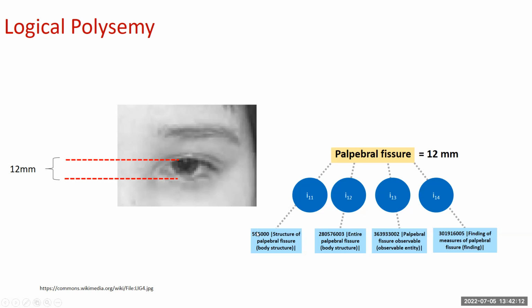And also for the body part concepts, you have those body structure, those structure of or entire, for which you also need a guideline on when to take which. Yeah, and this is really a problem in SNOMED, but also in other terminologies. But it's really not word sense disambiguation.